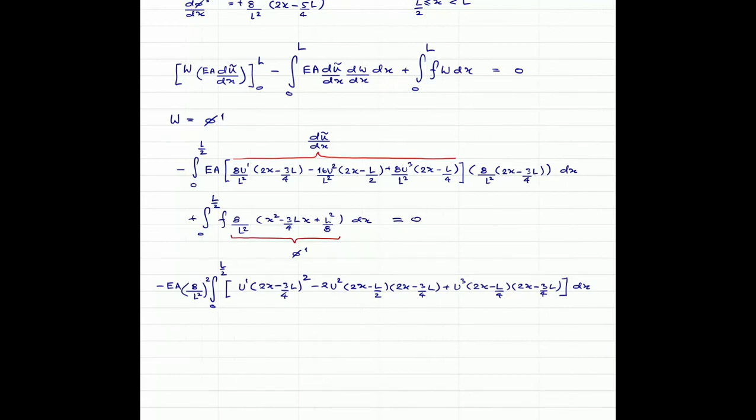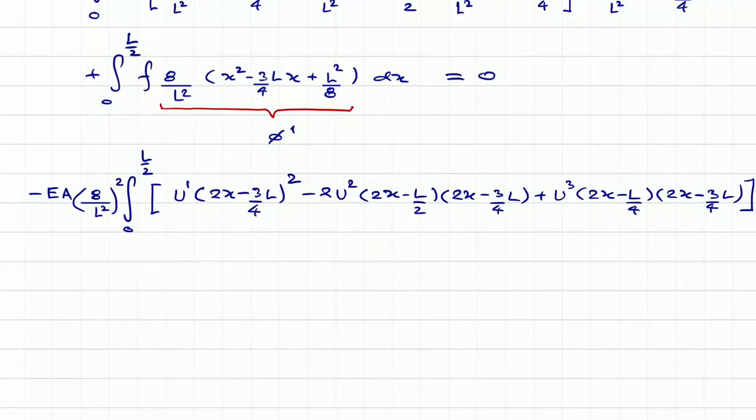So let's finish this up first. I think the other integral is very easy to deal with. Let's fix this one. U1 4x squared, and then what? 12 over 4, which is 3Lx, plus 9 over 16 L square.